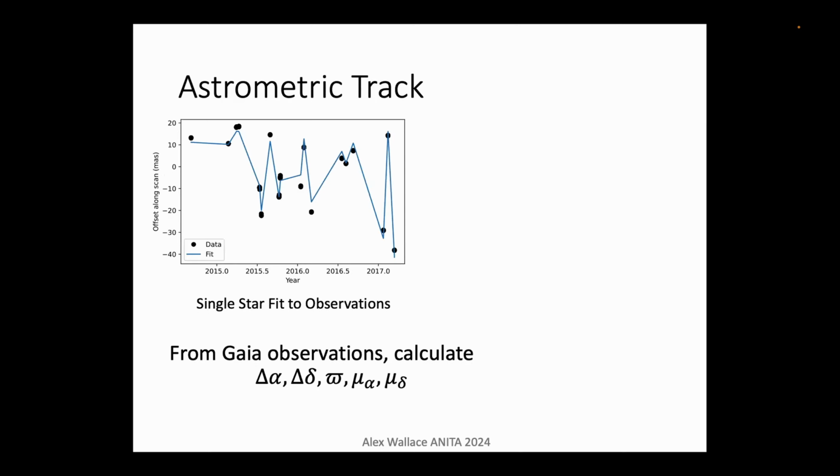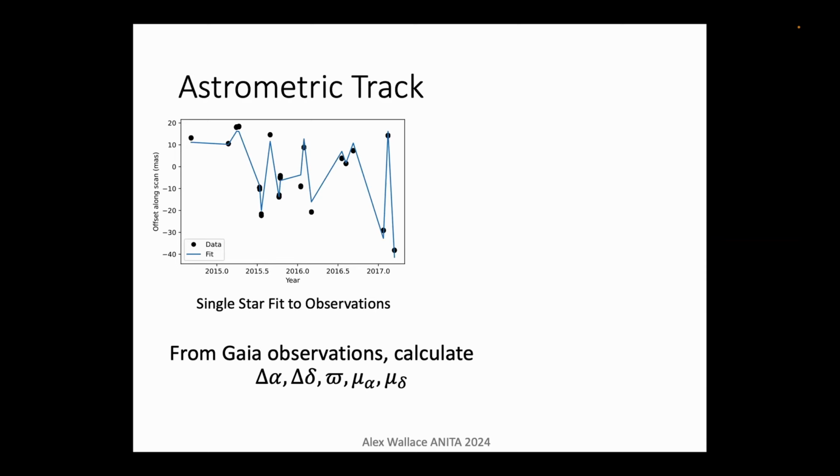And what we want to do, what Gaia does first, is try to fit that to a single star. So assuming there's no companion, but everything's going okay, we then want to calculate the parallax and proper motion of this star. So here I've got those actual observations and the fitted track there.